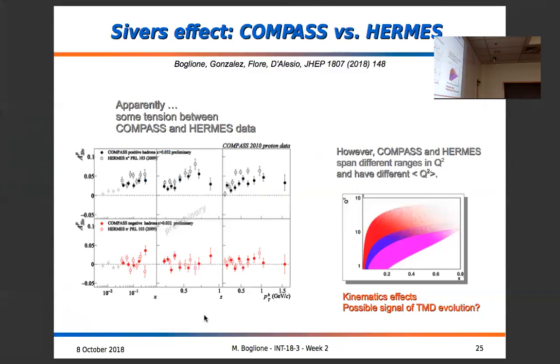On the other hand, these two experiments span different ranges in Q-squared, and they also have different average Q-squared values. And this can be crucial. So maybe this can be a signal of possible TMD evolution effects, or maybe it's just a kinematic effect or something else. But anyway, we have to take this into account.